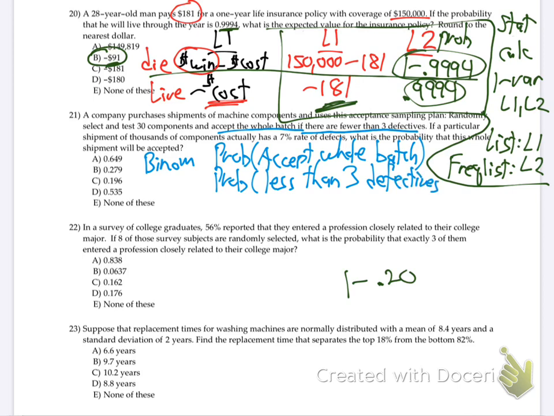That's what the words say right here. If there's fewer than 3 defectives, the whole batch is accepted. So if they're wanting to accept the batch, they're hoping there's going to be less than 3 defectives. So how do we figure that out? Is that a binom PDF or binom CDF? CDF. Binom CDF.